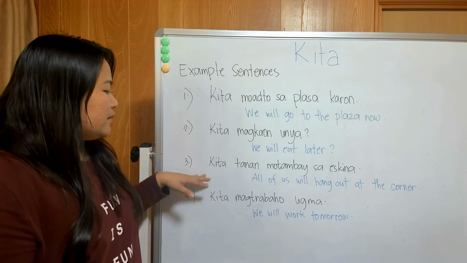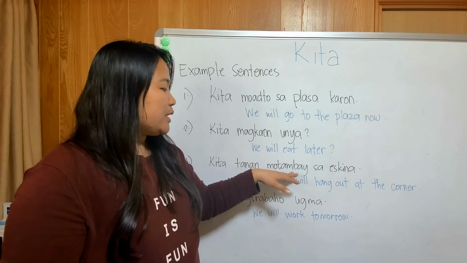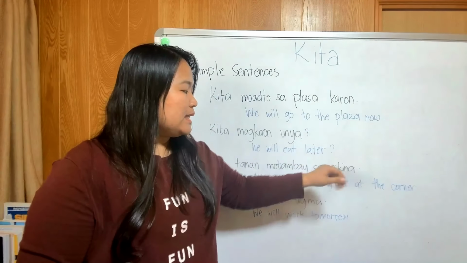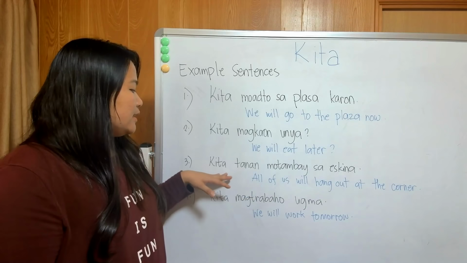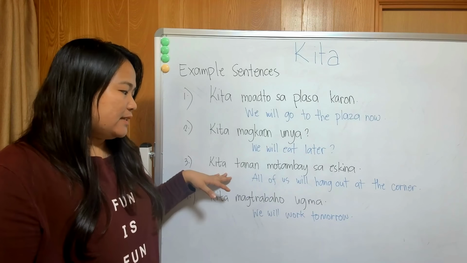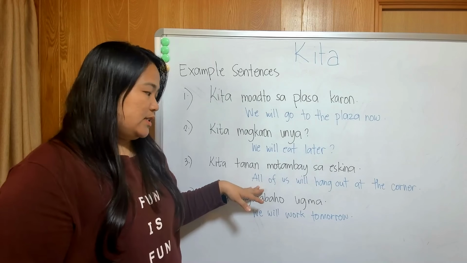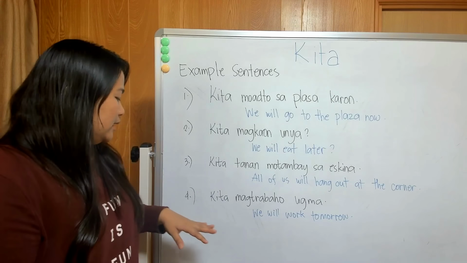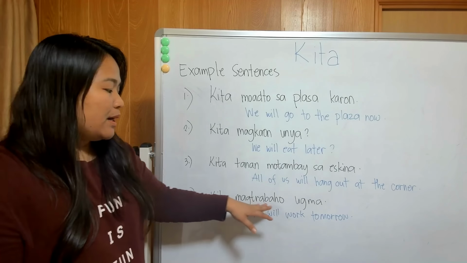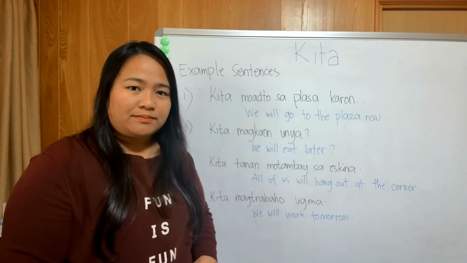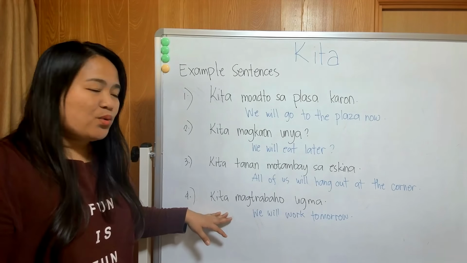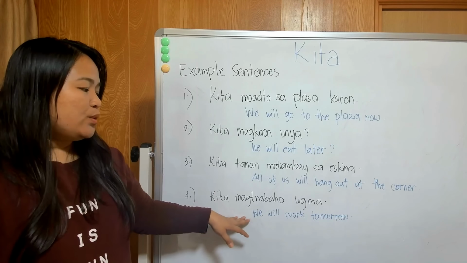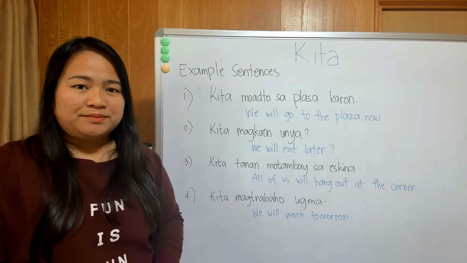Number 3, kita tanan mutambay sa eskina. It means all of us will hang out at the corner. And number 4, kita magtrabaho ugma. It means we will work tomorrow.